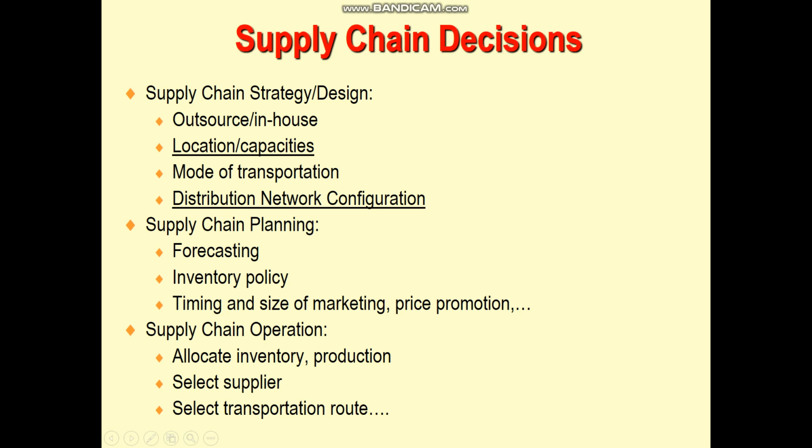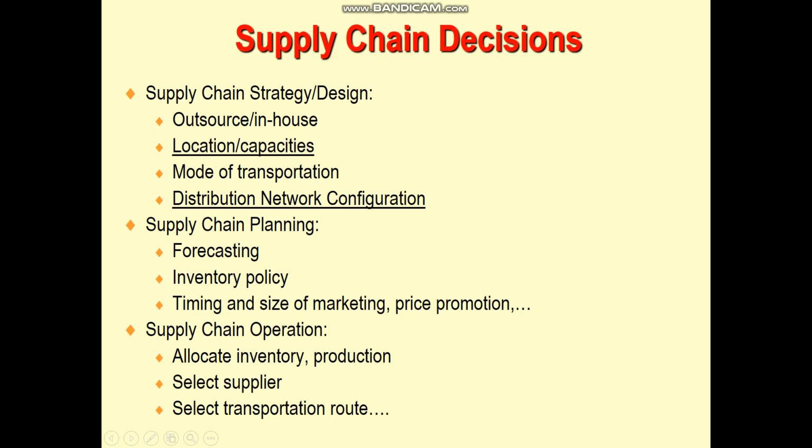Second, we decide the location of each node, like where we should put the manufacturer, the retailer, the distribution center, or warehouse, and the capacity of production.